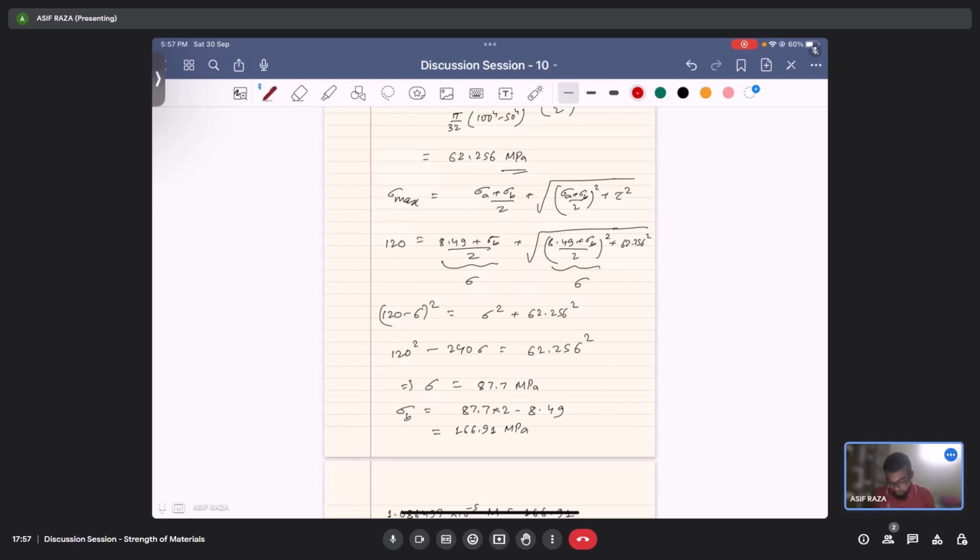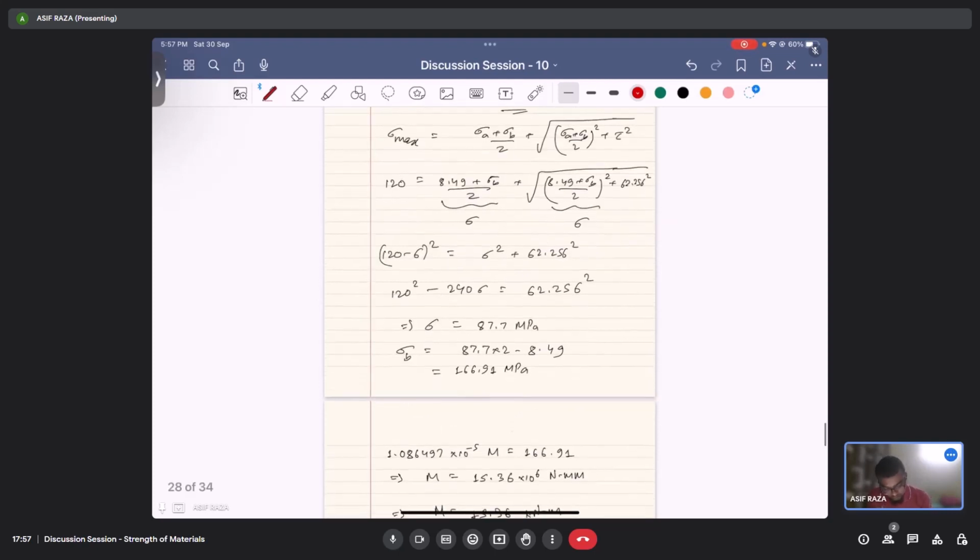Let me see. 62.256 square minus 120 square, divided by 240.